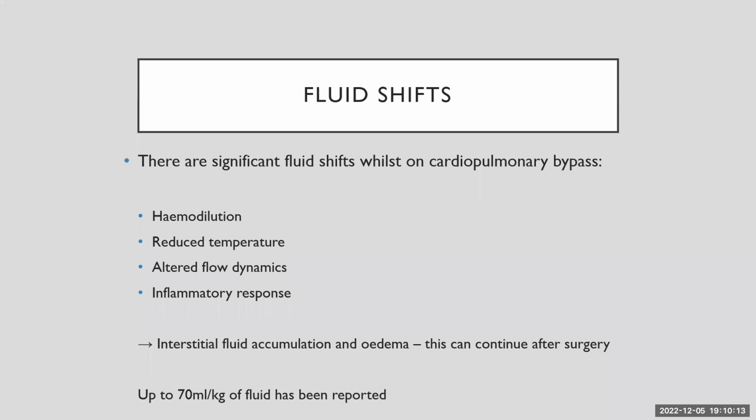Another important factor that has an impact here is the temperature, and it is commonplace for operations that are performed on cardiopulmonary bypass to be performed at slightly hypothermic temperatures.